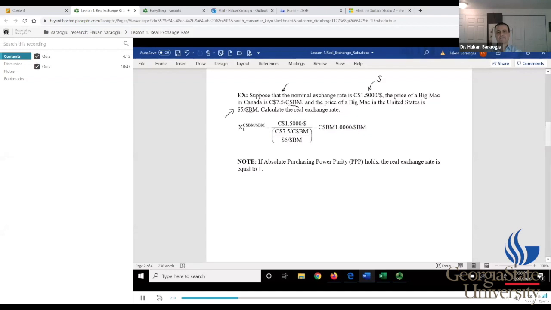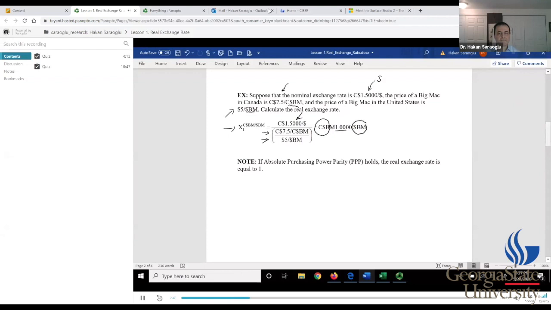And when we use our formula, simply the nominal exchange rate 1.5 divided by 7.5 over 5, we get the answer 1. So real exchange rate is 1, which simply means that you can exchange 1 US Big Mac for 1 Canadian Big Mac.